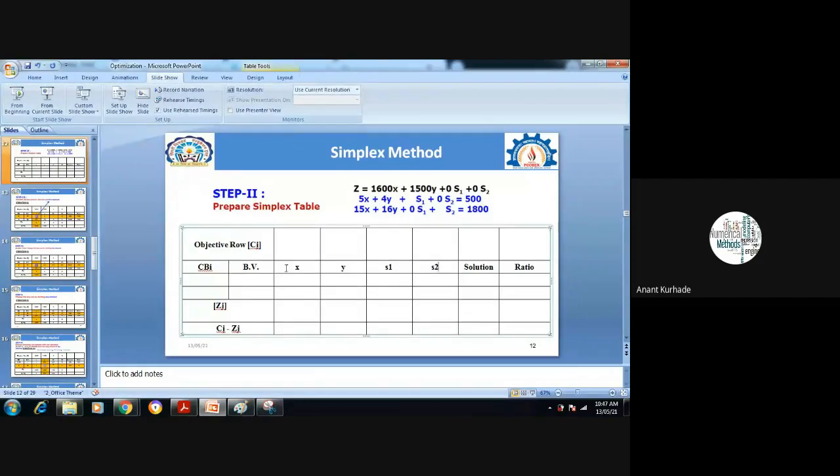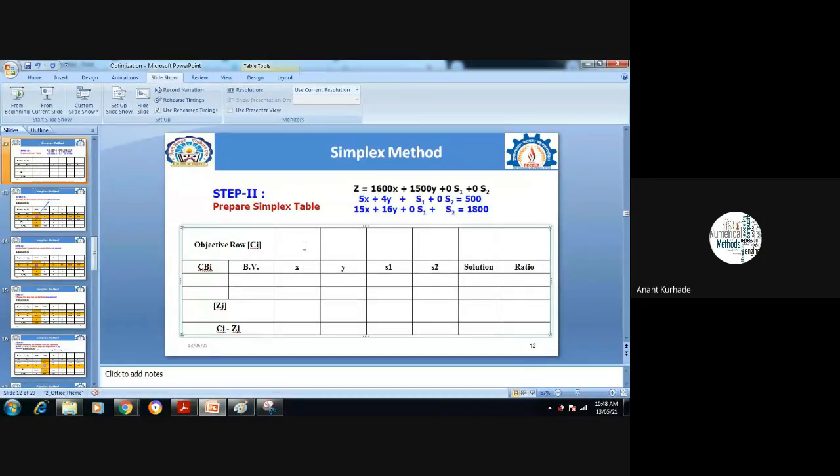Now for each and every variable from the objective function, you have to write the coefficient. So it is Cj. Remember, Cj means the coefficient of each variable from the objective function. So here, what can you write? The coefficient of x from the objective function.